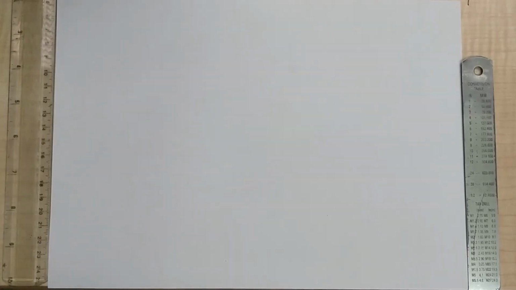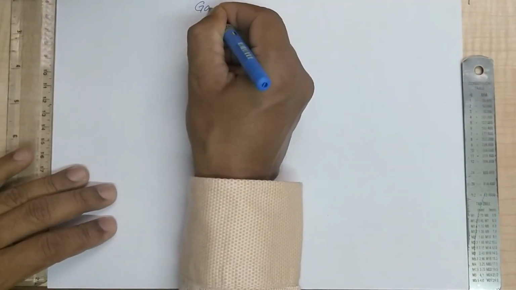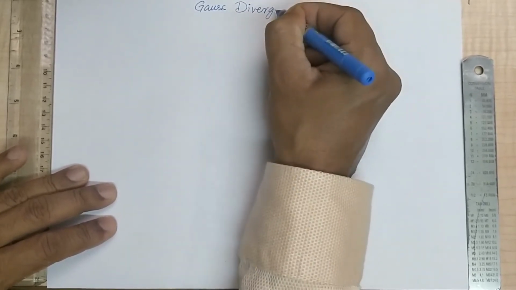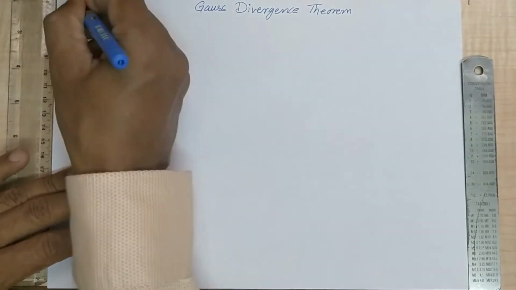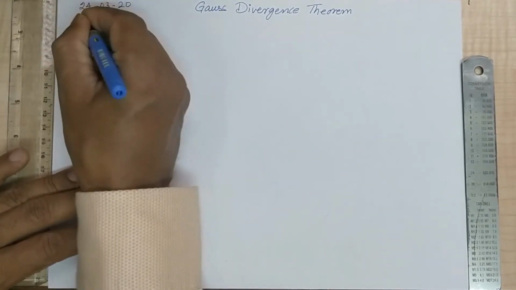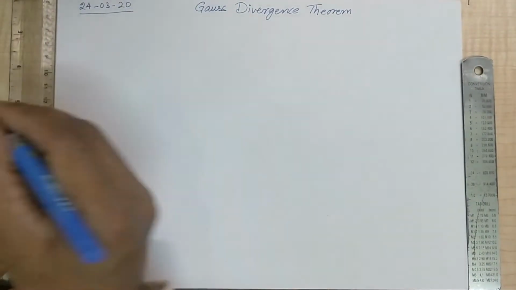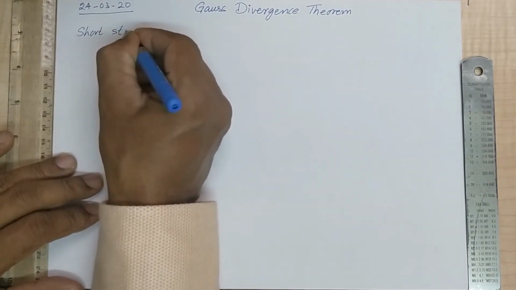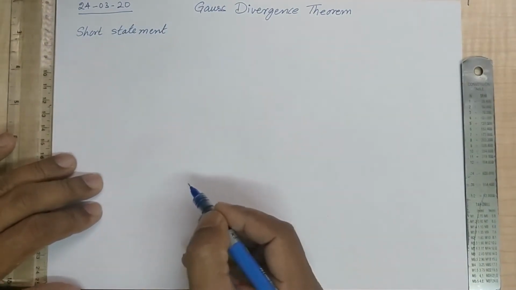In this video, we shall discuss the Gauss Divergence Theorem. A short statement of this theorem is the following.